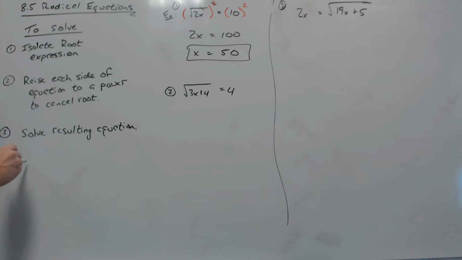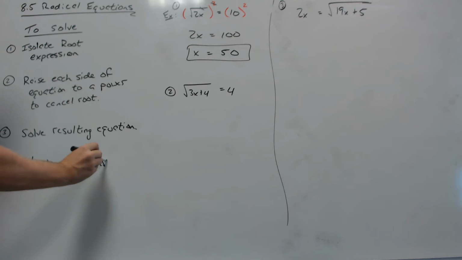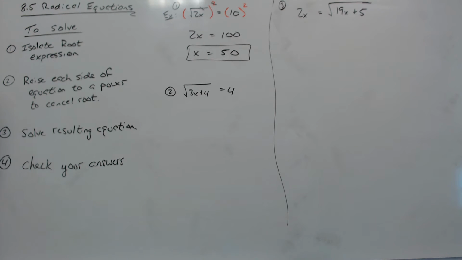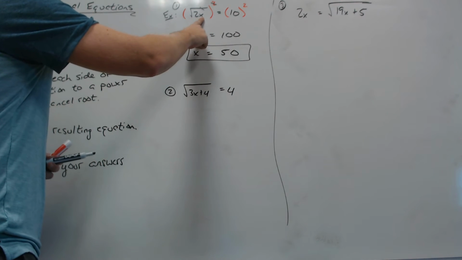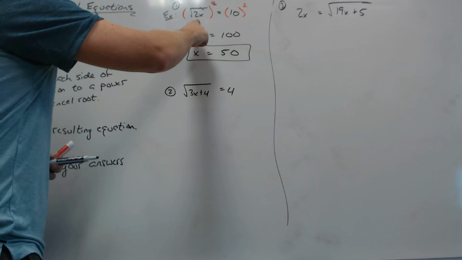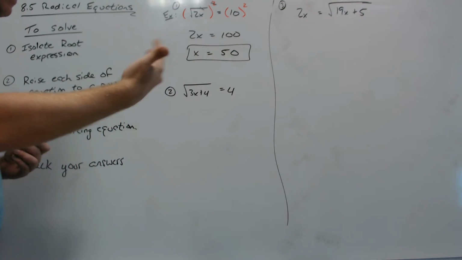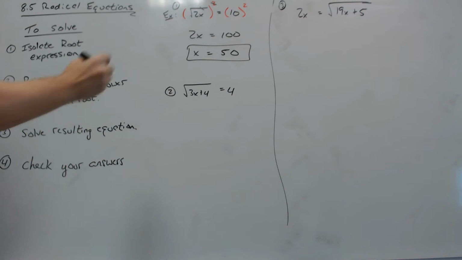So you should check your answers to see if there's any extra answers that don't actually work. Here, usually pretty quick. If I plug 50 back in, 2 times 50 is 100. The square root of 100 is 10. So that works out. Confirmed.